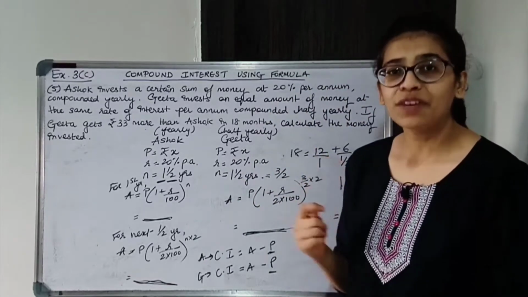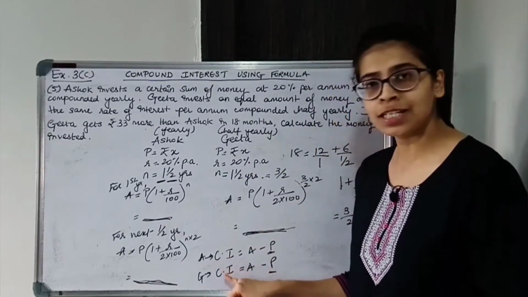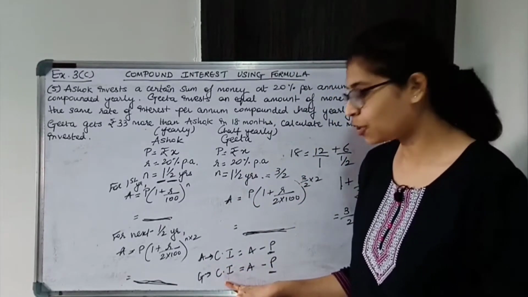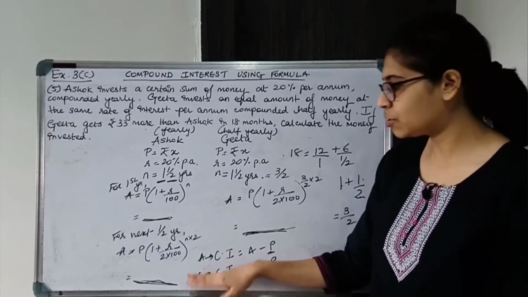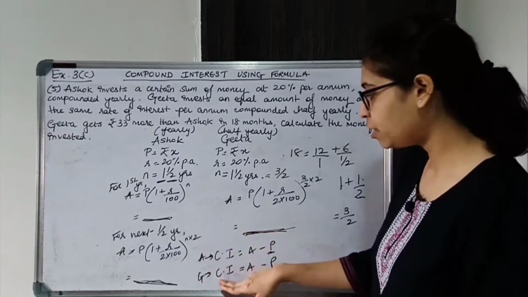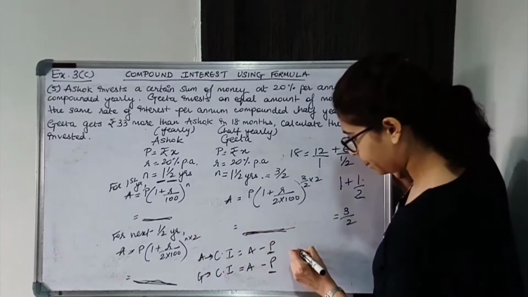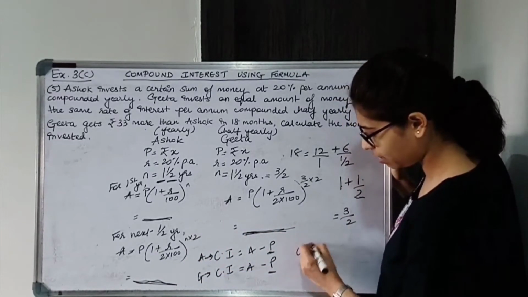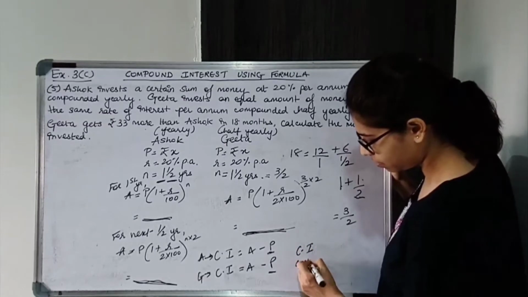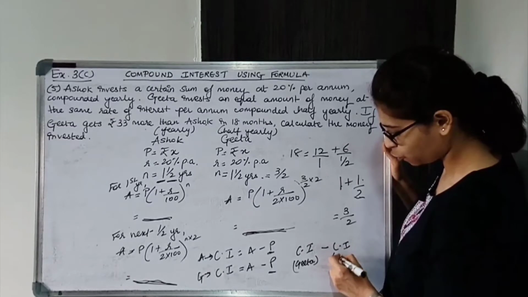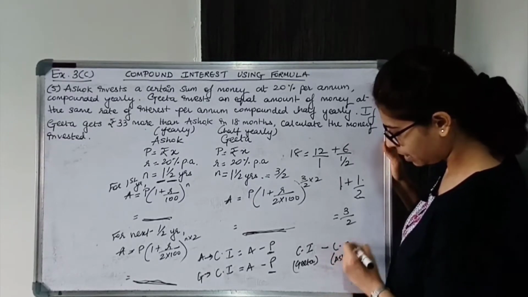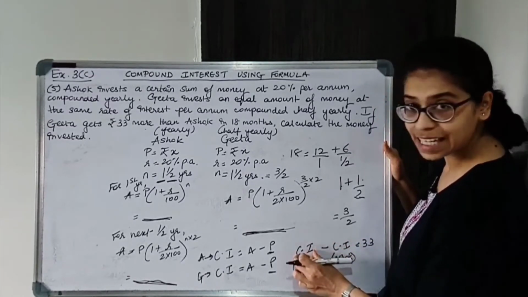Even if you take the difference in interest, let's say you are taking the difference in interest, Geeta is getting 33 rupees more in interest than Ashok. So interest received by Geeta minus interest received by Ashok is equal to 33. What is CI over here?